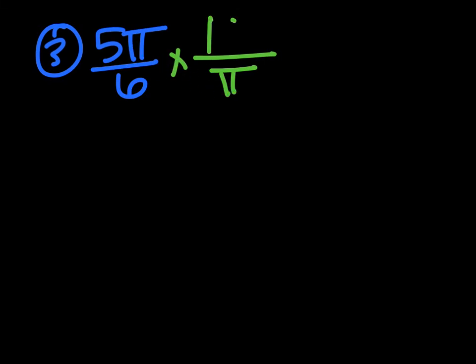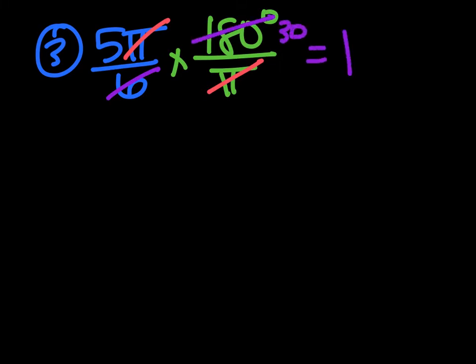So pi is 180 degrees, because I need my pi's to cancel out. And then 6 goes into 180 30 times, so it gives me 150 degrees.